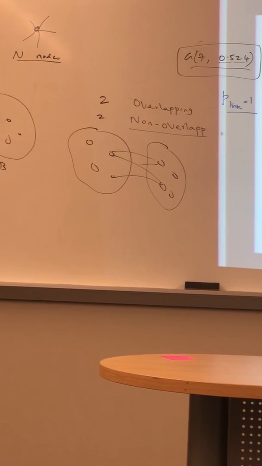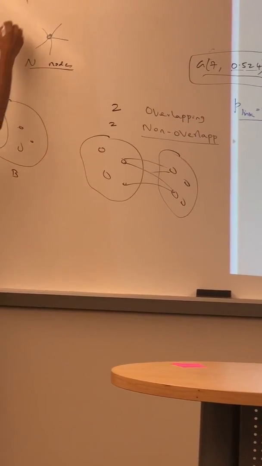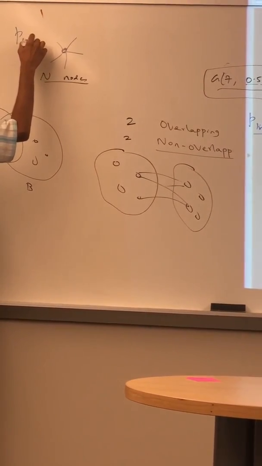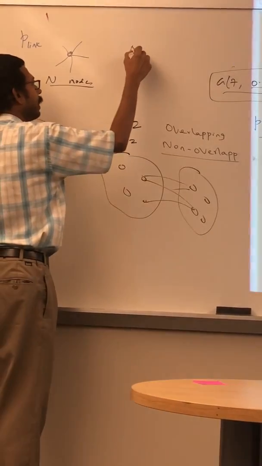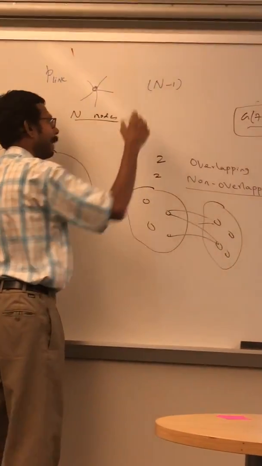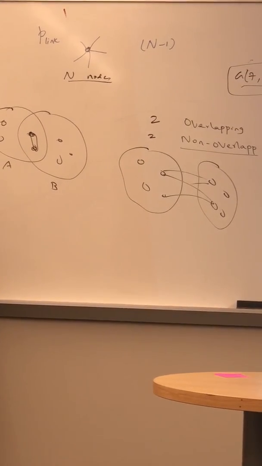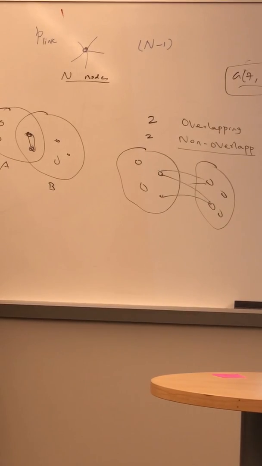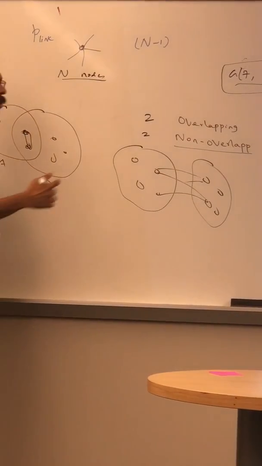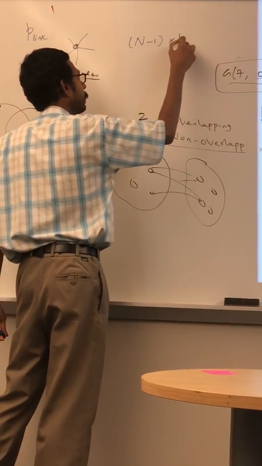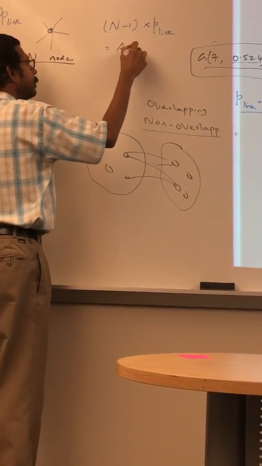And according to our random graph model, the ER model, there is only a probability for a link between any two vertices. So n minus 1 could be the maximum degree for any vertex, or the maximum number of edges incident on any vertex. But each of those edges could be there only with a probability p link. So n minus 1 times p link is what is called the expected or average degree.